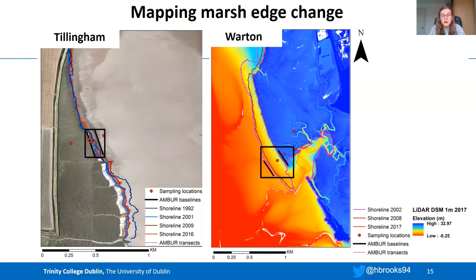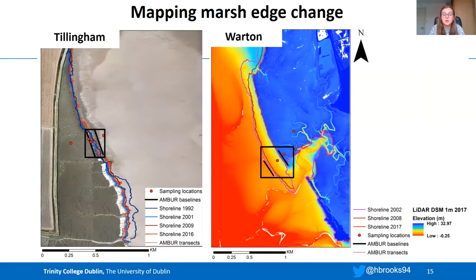We used a software called AMBUR to extract key parameters on the marsh edge position, and it tells you things like retreat rate per year and how much it's retreated over the whole time period. We can see the sampling locations as red dots on each of these maps, and the AMBUR code was run over the areas in the box, about a 250 metre section at each site. But we could see quite considerable differences in the rate of retreat at the two sites.